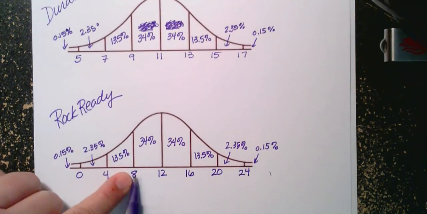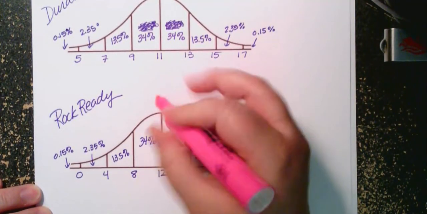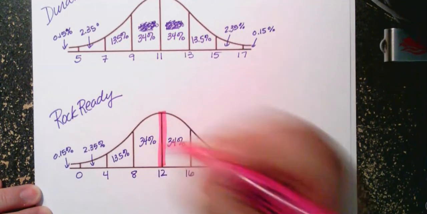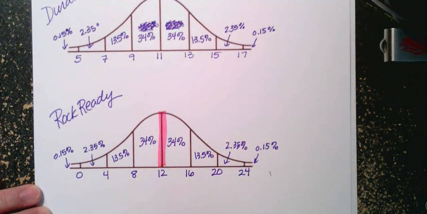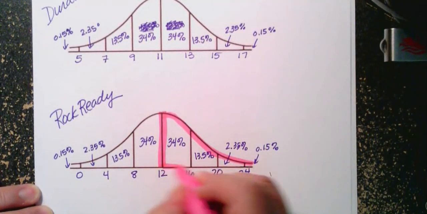We know that from here up, this percent is lasting more than 8 hours, which is what we want. One thing to keep in mind, if this is the mean, the middle, the average, then everything on one side of it is equal to what percent? It's perfectly symmetrical. Everything on one side of it is 50%. So this whole part over here is 50%.